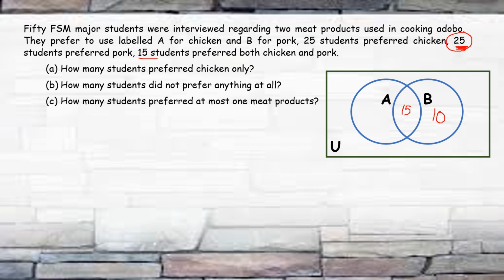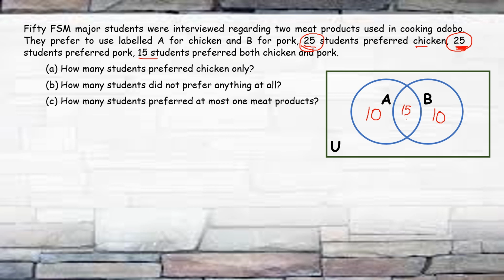Of course, same procedure for the set A or the chicken adobo. 25 students preferred chicken. So, kung may 15 na bumili dito ng chicken, although pinili nila rin yung pork, there are 10 students that preferred chicken only. So, 15 plus 10 is 25.